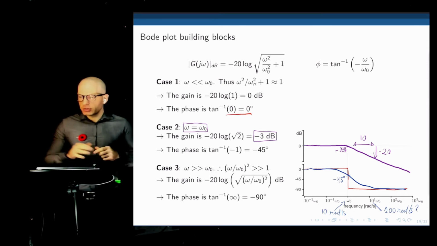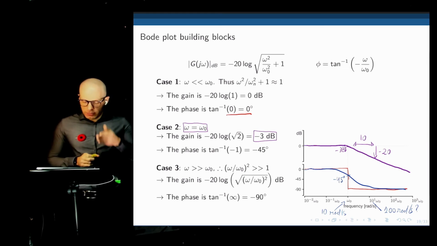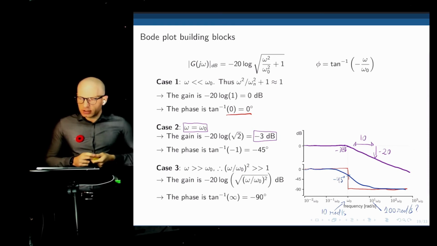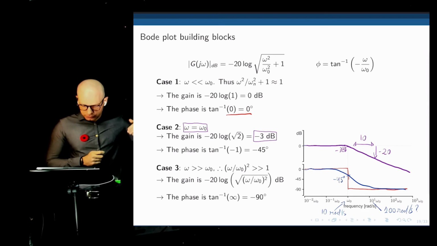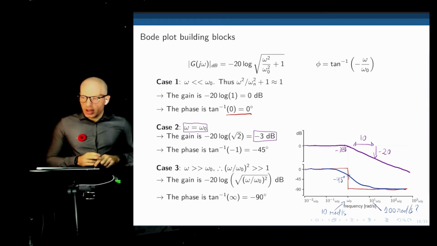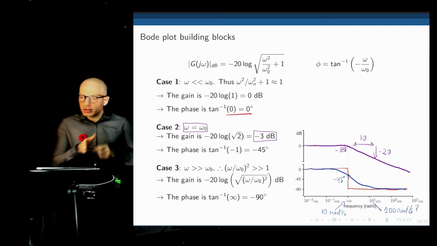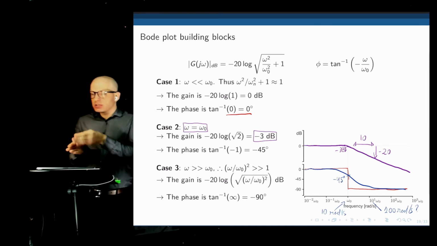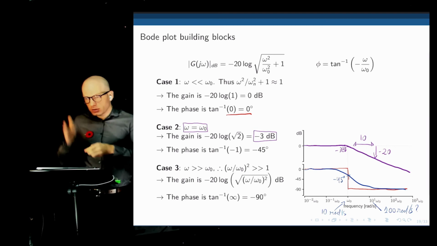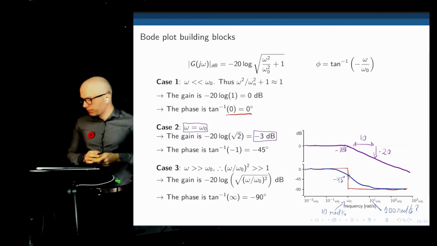But forgetting about the negative 3, it would be 0 at 10 radians per second, negative 20 at 100 radians per second, negative 40 at 1,000 radians per second, and so on. Now this shift starts at the cutoff frequency, not necessarily at 0 as we saw before.